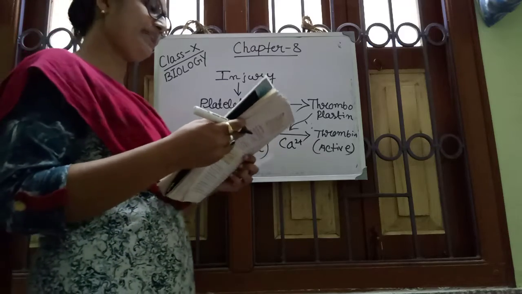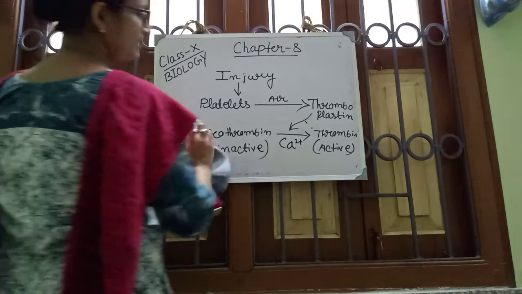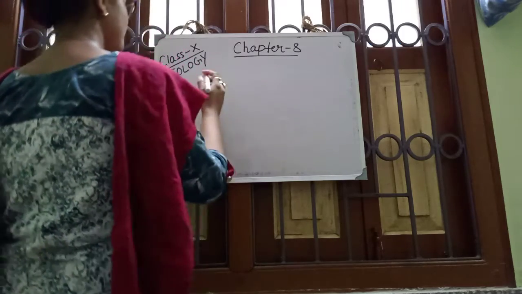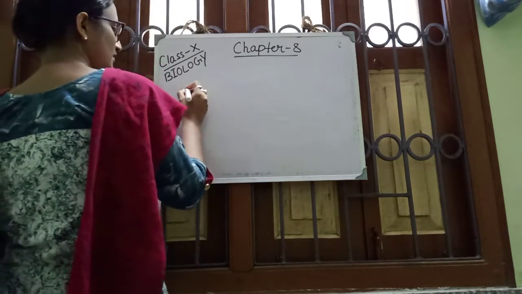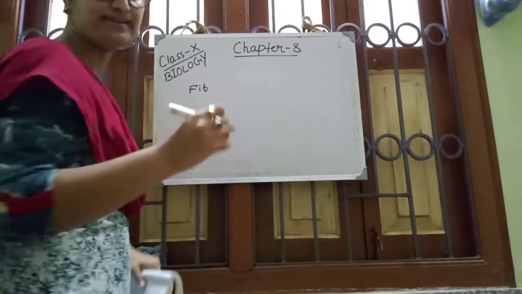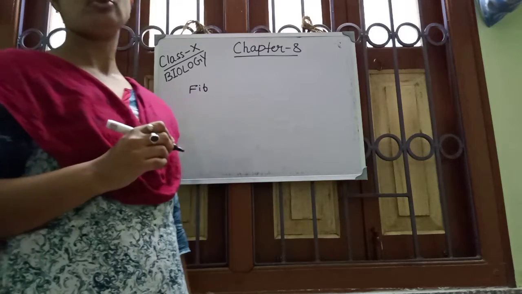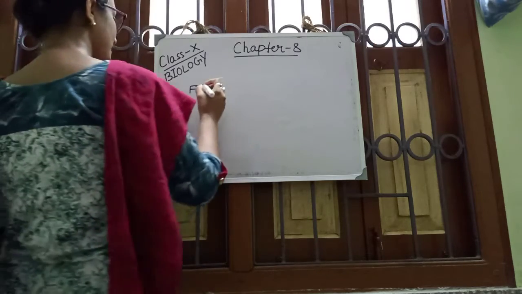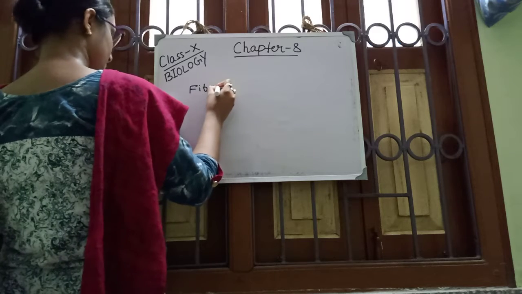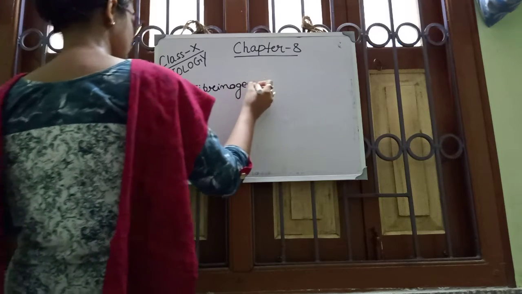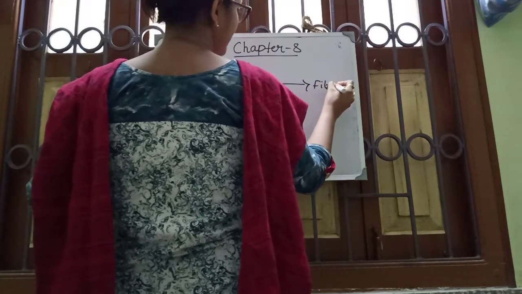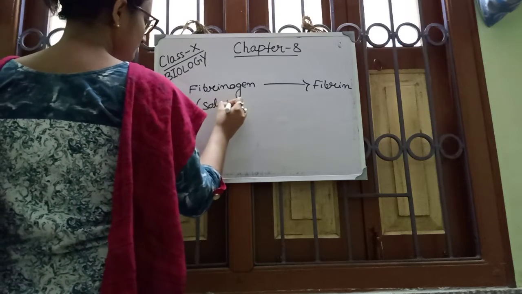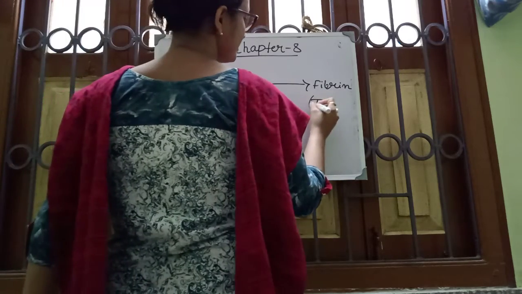After that, thrombin, the active protein, acts on fibrinogen. Fibrinogen is a soluble protein present in the blood plasma.